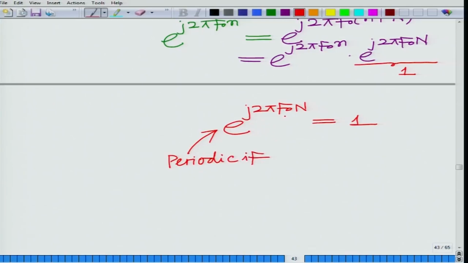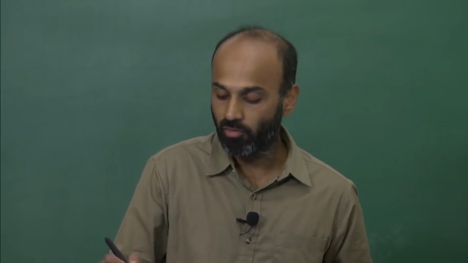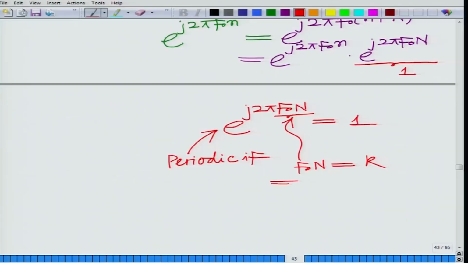So, this is periodic if this quantity equals 1, which means f naught N must be equal to an integer, in which case this will be e to the power of j 2 pi k, which is equal to unity. So, f naught N must be equal to any integer k, which means f naught equals k over N. So, it must be a rational number.